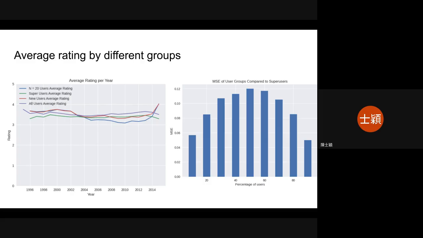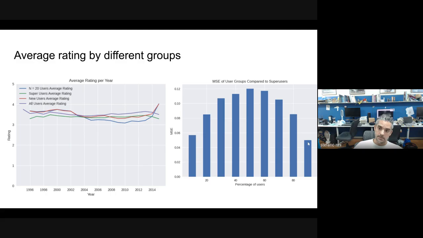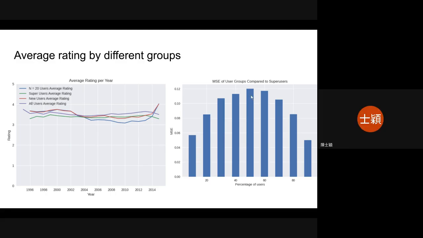What's more interesting is that the lower percentage part of the users actually has lower MSE, just like the higher percentage of the users, while the middle part of the percentage users has a higher MSE compared to those two.